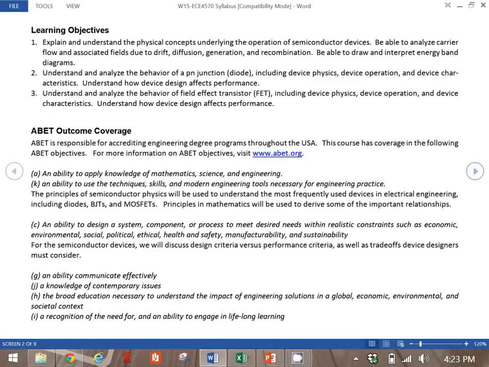So each one of our classes in the Wayne State curriculum addresses some of those things. And so I've listed some of them here and I'll talk about what this class in particular does to address those things.